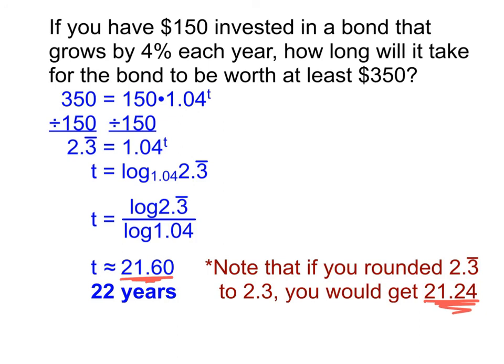So just be very, very careful about it, especially because if you were doing this on WAMAP and it was asking you for the answer out to the nearest hundredth, this answer over here with the 21.24 would definitely have been off. That would have been marked incorrect, and it would have just been because of rounding. You knew how to do it, but it was just rounding in the middle that threw you off. And we don't want that to be the problem. We have to be precise in math, and so stay precise throughout the entire process.